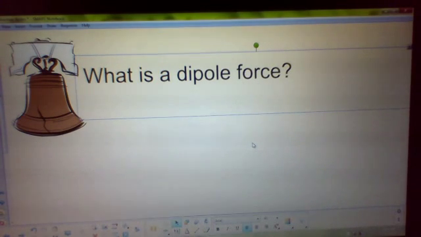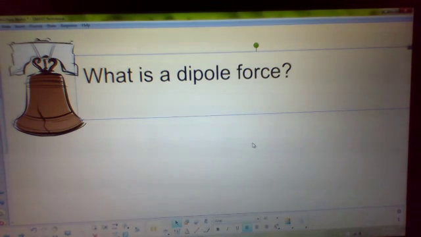Alright, and we're back. We talked about forces yesterday and the day before, with the research on different types of bonds. And you guys discovered this whole dipole force. If we go over it, a dipole force is a bond or a force between two equal but opposite charges.